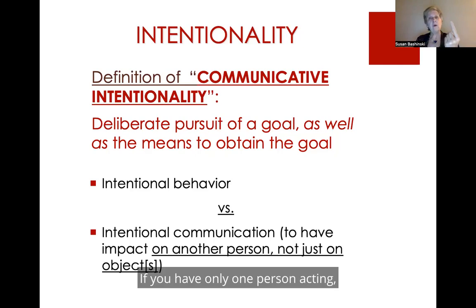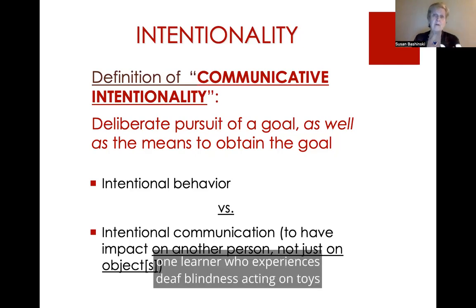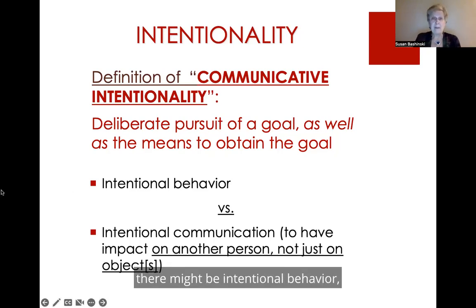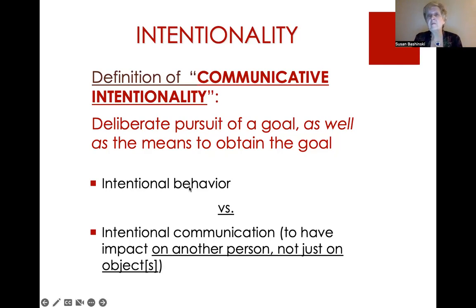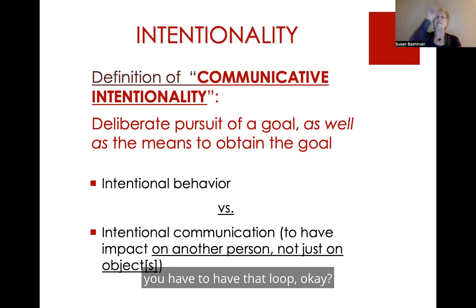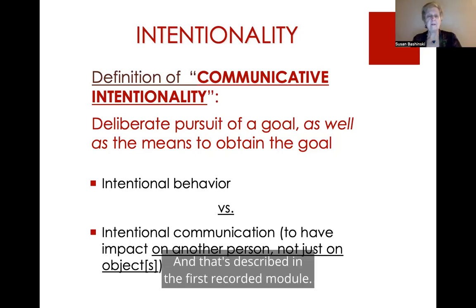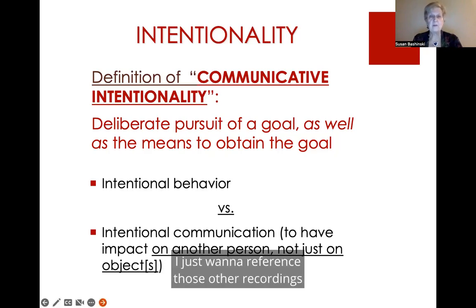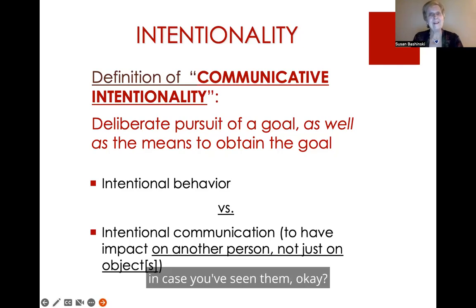If you have only one person acting, one learner who experiences deafblindness acting on toys or the environment or furniture, and there's not a person, there might be intentional behavior, but there's not intentional communication, because to have communication, you have to have that loop. Okay, and that's described in the first recorded module. And we will continue to talk about this. I just want to reference those other recordings in case you've seen them.